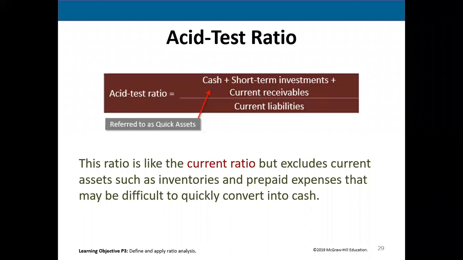So they're in line with what the industry is normal for. Will all their current liabilities become due and they would have to immediately pay them? No. But it's a test to make sure we are in line with the industry.